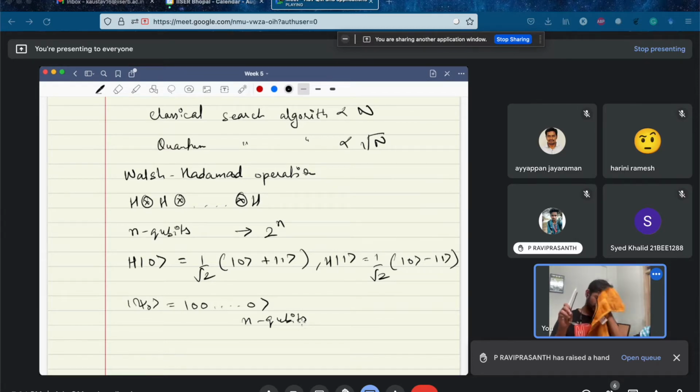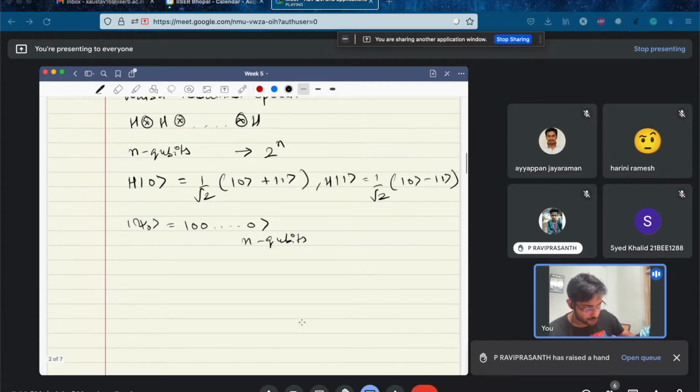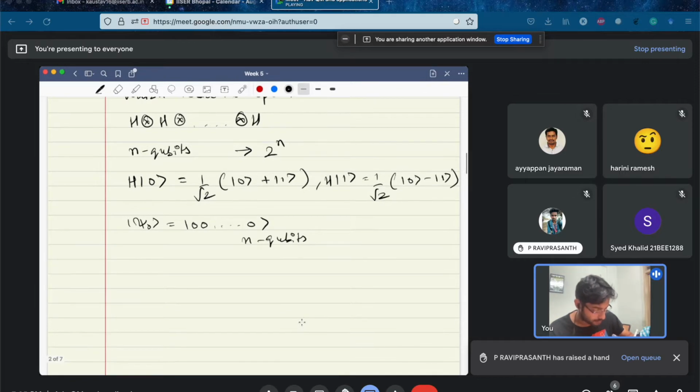So there are n qubits. Now when you act this Walsh-Hadamard operator, that is acting H cross H on the whole state, this essentially gives us something like the sum over i equal to 0 to n minus 1 of the state i.